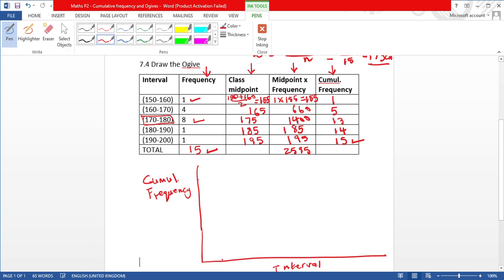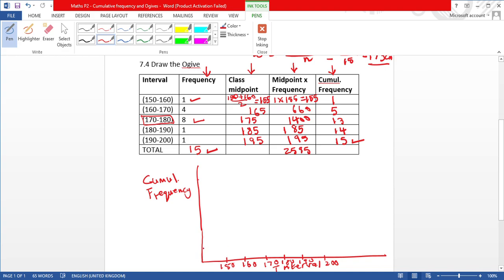So basically your interval starts from 150 and then 160, then you have 170, you have 180, 190, then you have 200. Okay, so between 150 and 160, the cumulative frequency is 1.